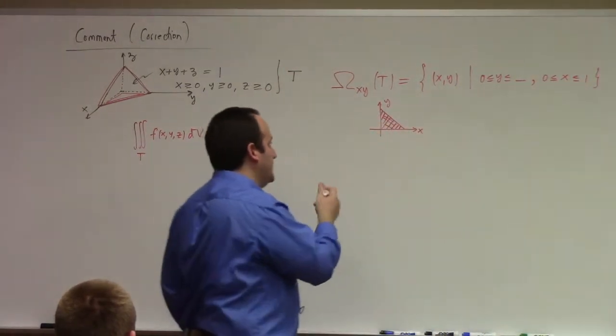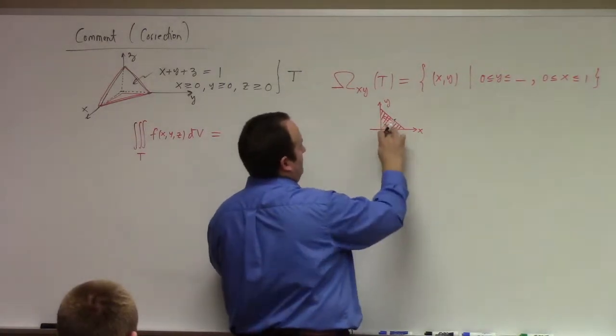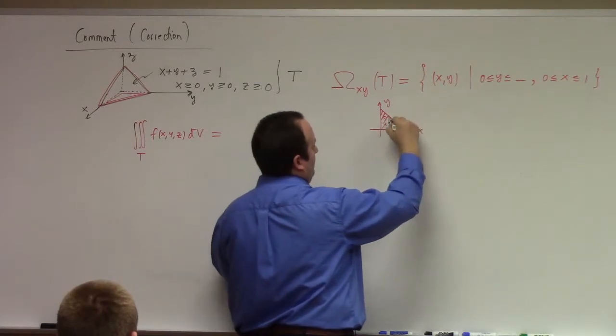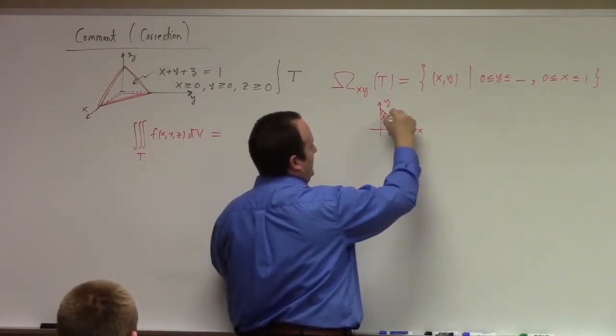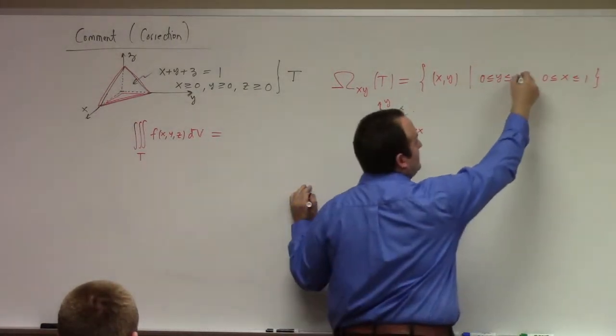So what's y between? Down here is 0, and up here is y equals x. So you have 0 less than y less than x.